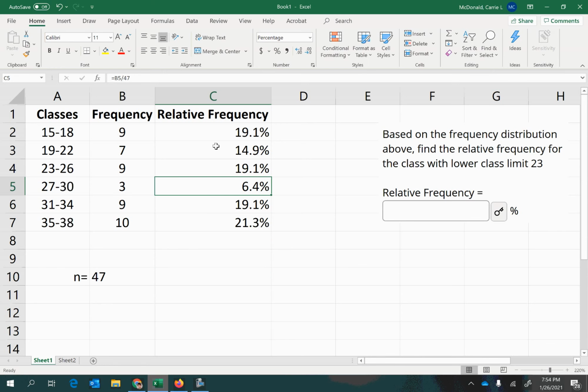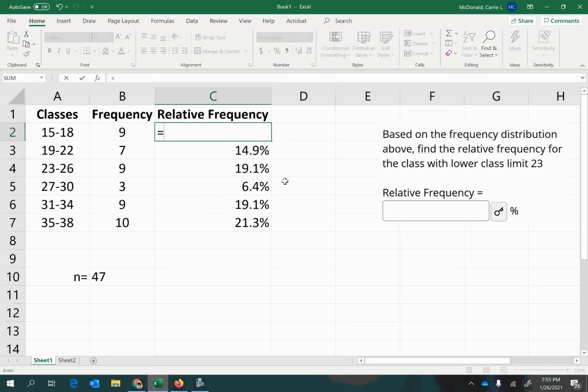Also, for those who want to learn advanced programming skills, let's say you were setting this up so that you could just change the frequencies and automatically all your answers would recalculate. Well, what you can do is, instead of clicking on the frequency of the class and then dividing by typing in 47, I can click on the cell containing the sum of my frequency column.